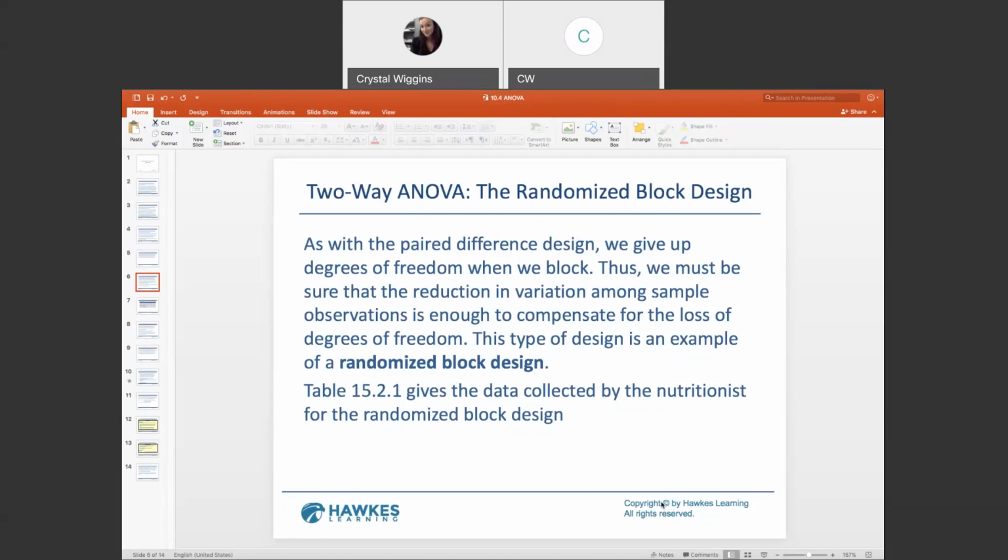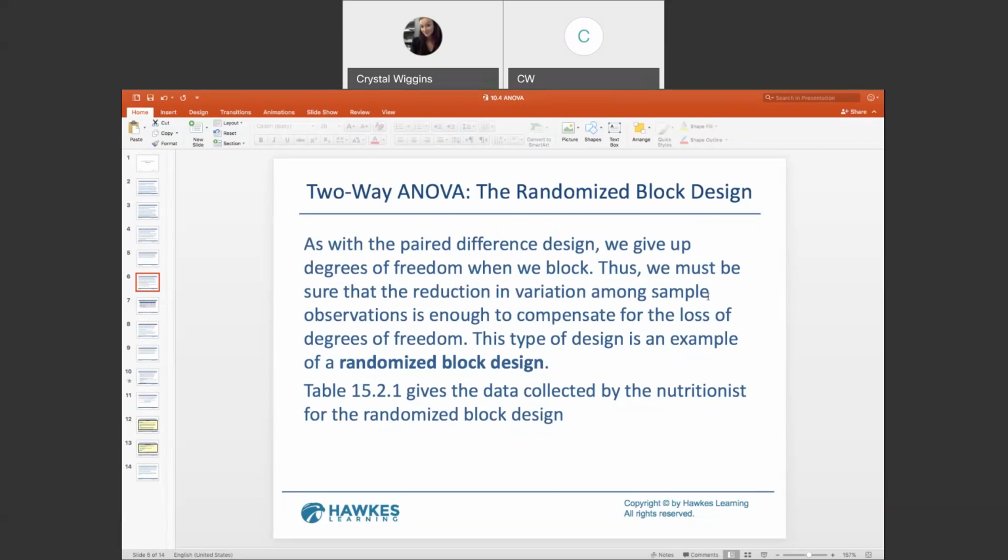But since we are blocking, each diet has a related member: the person who is over 100 pounds overweight, 51 to 100, and 0 to 50. That makes them dependent blocks.